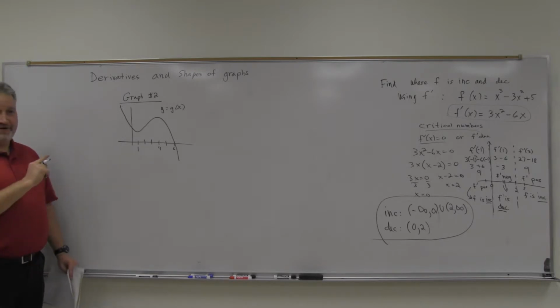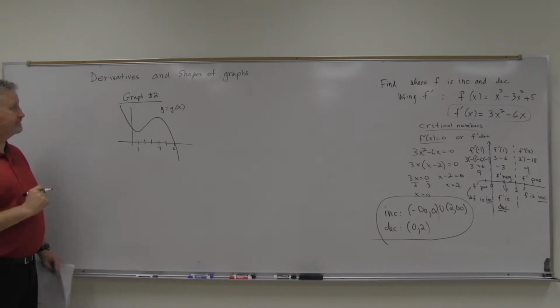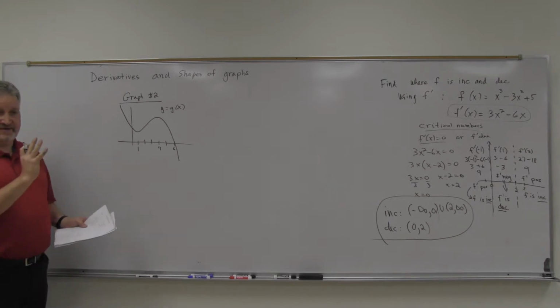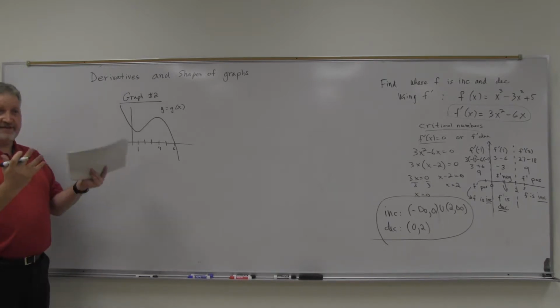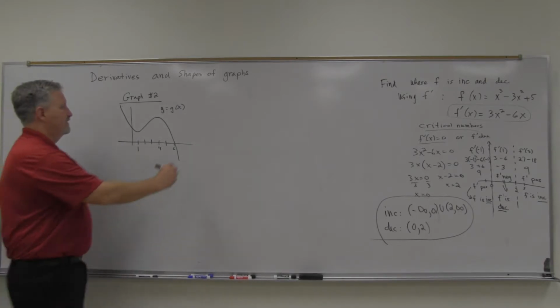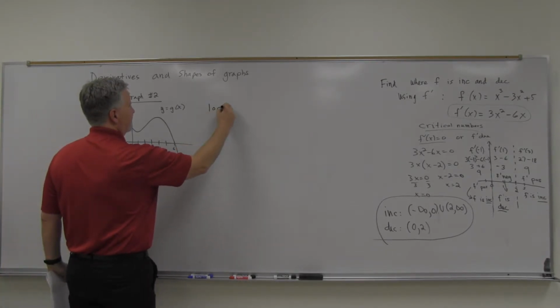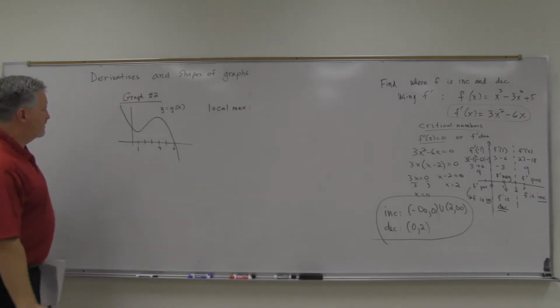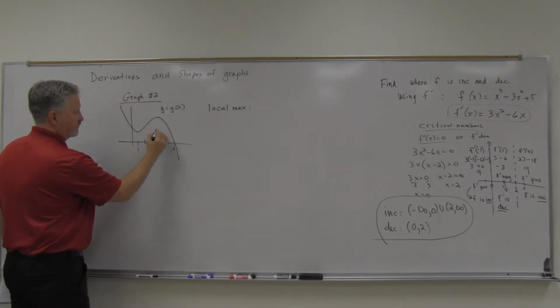So on number 2 here, let's think about local maxes and mins. We did this previously, talked about local maxes and mins. What local max do we have here? Well, I've got a local max here at 4, right?